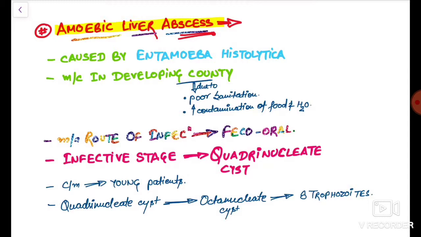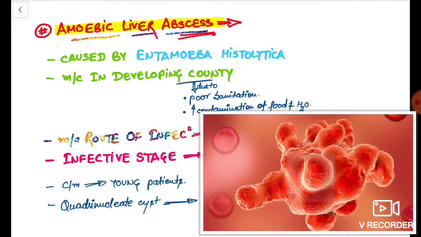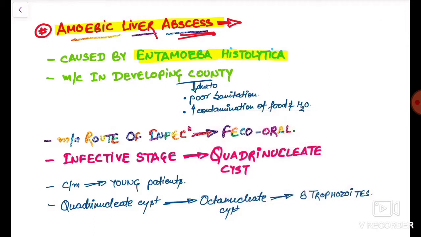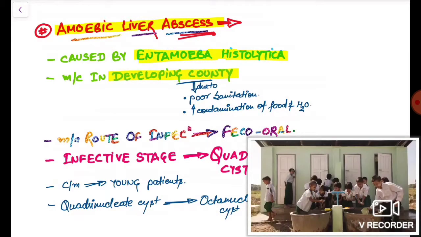So friends, this disease is mainly caused by the parasite Entamoeba histolytica, and it occurs mostly in developing countries due to poor sanitation and increased contamination of food and water with fecal matter.